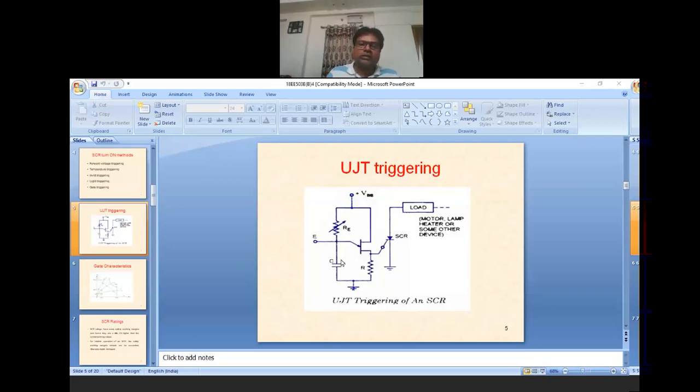So when this capacitor is built up to a voltage which is enough to bias this UJT, then this UJT will conduct.